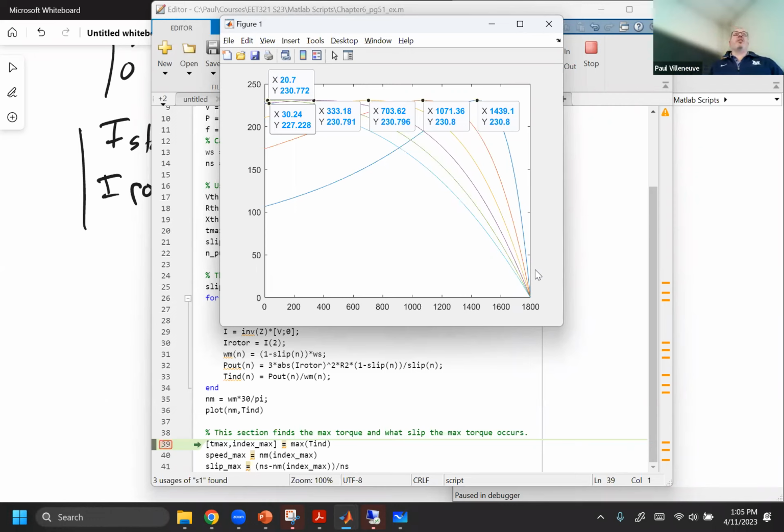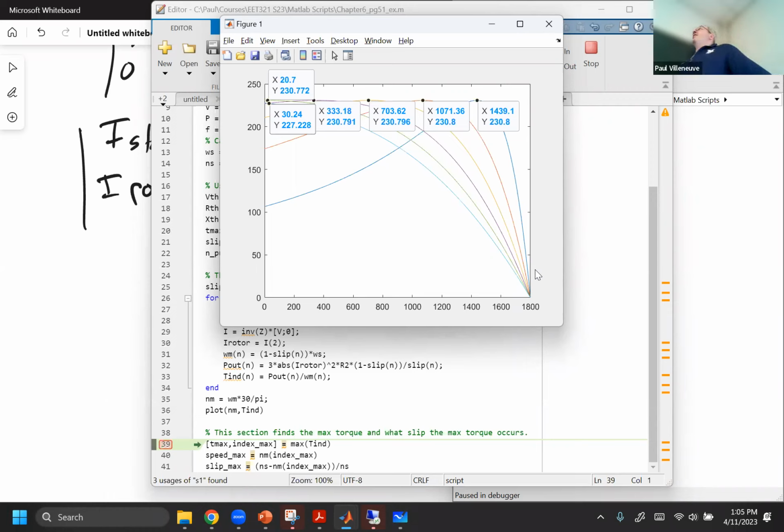You can't do that with a synchronous machine because it runs at 3,600 RPM, 1,800 RPM, whatever it is. But the downside is, who in their right mind ever puts a resistor in a circuit and expects it to run efficiently? By definition, adding any resistance in a circuit is going to waste energy. It's going to put it out there as heat.